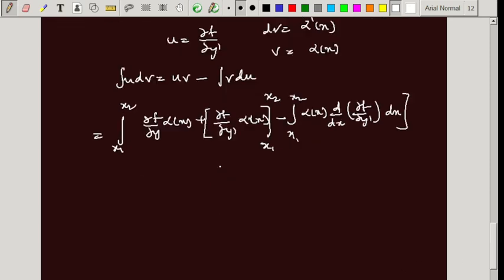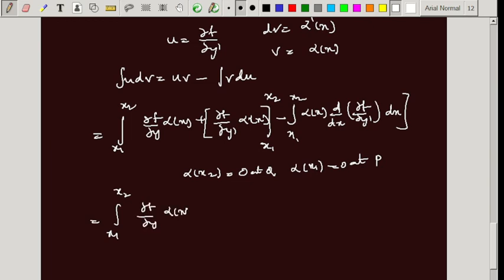If we apply the upper limit, we get alpha of x2. So this is 0 at q, and if we apply the lower limit here, alpha of x1 we are getting, just we must replace x as x1. This is 0 at p. So if we modify this one, we can write the integral x1 to x2 dou f by dou y of alpha of x.